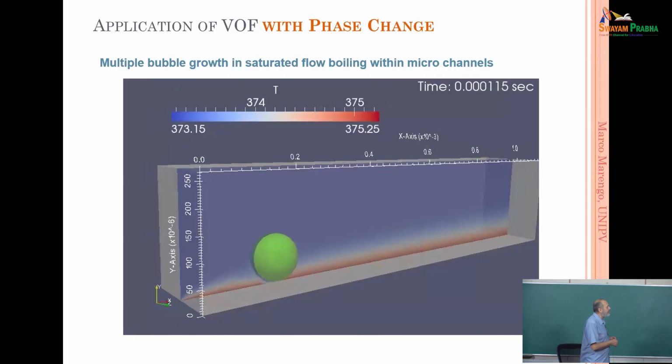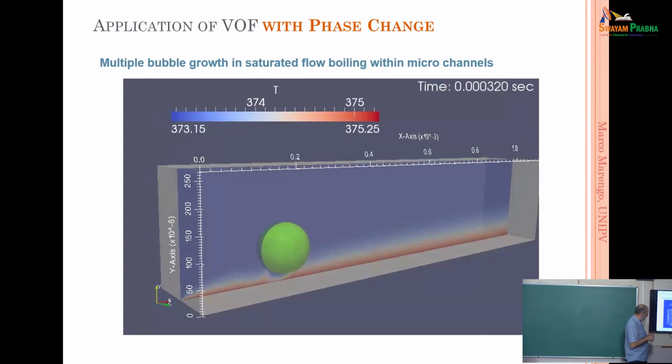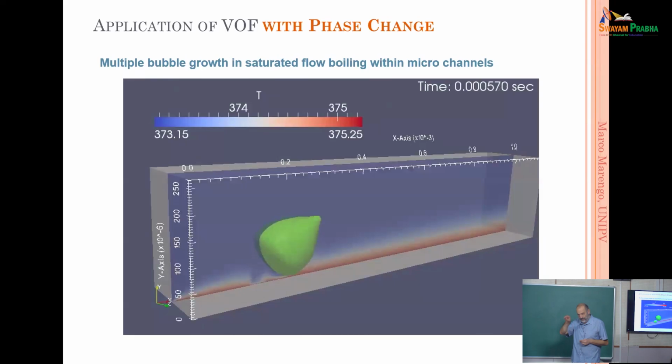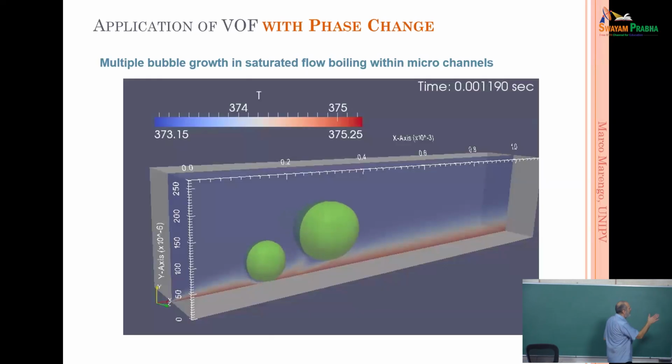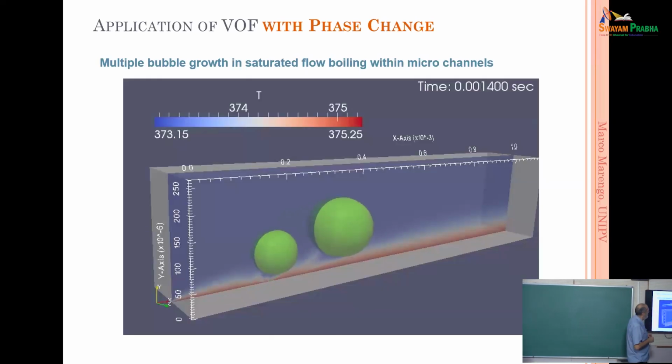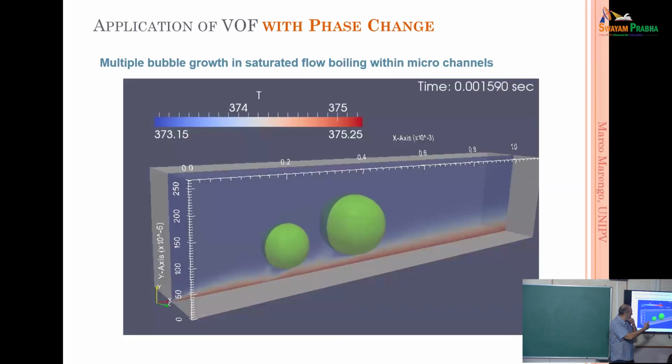And what is important in this case, but I don't have time to treat this point, is the contact angle, the wettability. How to deal with the wettability. You can see at the end of this video that the bubble is going against the wall, and the surface is deformed. Let me see.